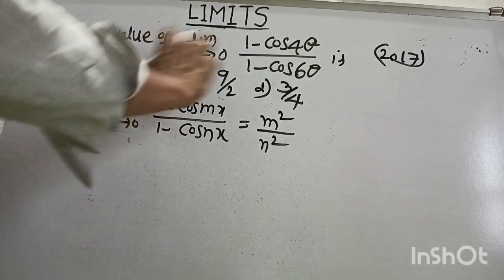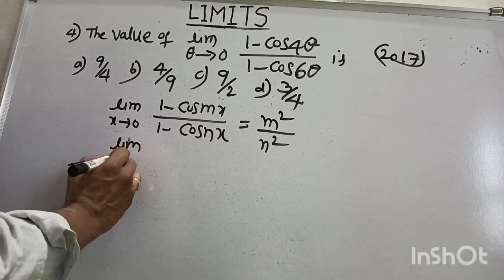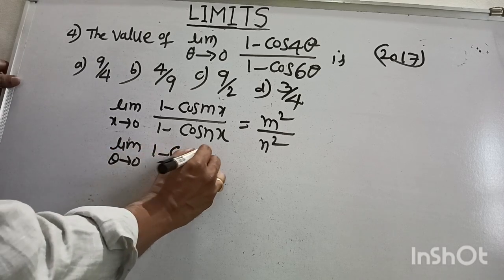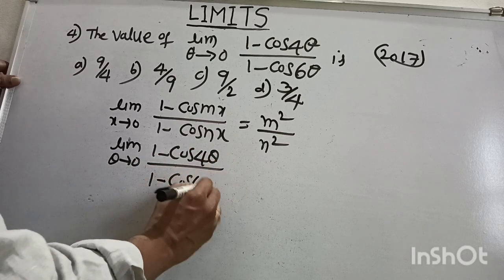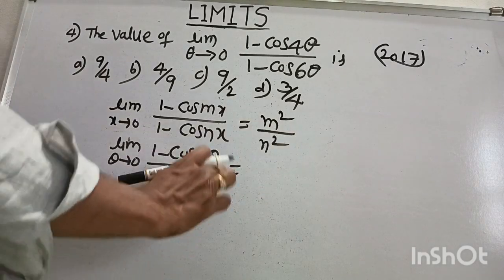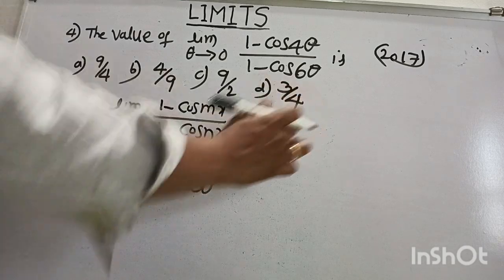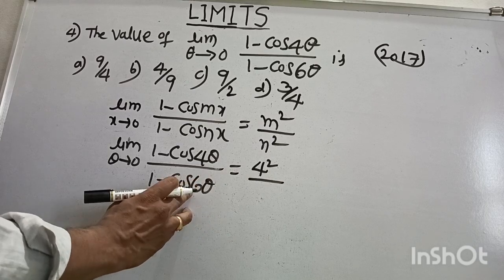Similarly, the given problem is limit theta tends to 0, 1 minus cos 4 theta by 1 minus cos 6 theta. By using this shortcut trick, the coefficient of theta is 4, so 4 square, divided by 6 square, since the coefficient of theta is 6.